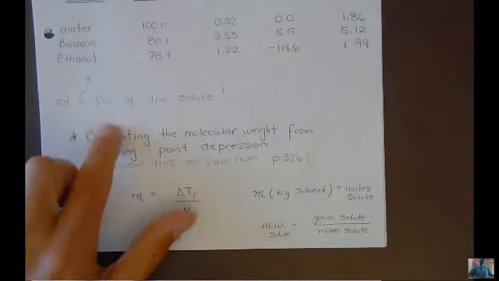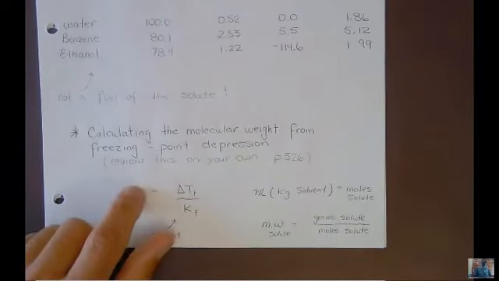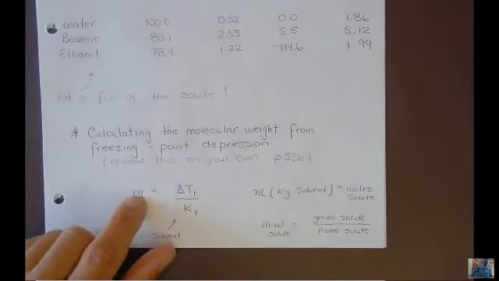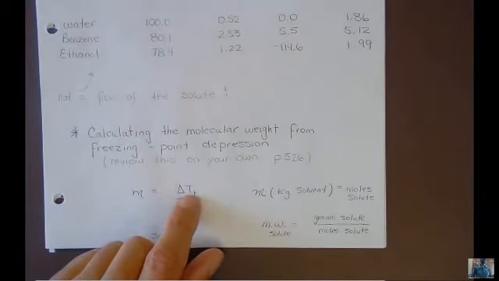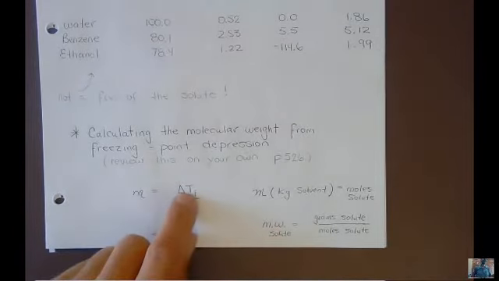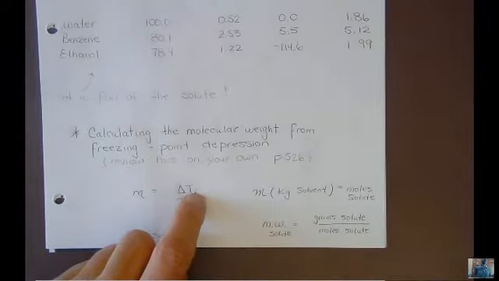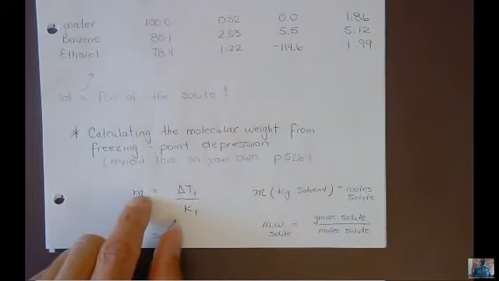Okay, now, the next thing that's kind of cool is that if you want to calculate the molality of something, if you have an unknown, you can use freezing point depression to figure out what the concentration of something is. So you would take the freezing point depression that you measured, divided by the Kf for the solvent, and you could get the molality.